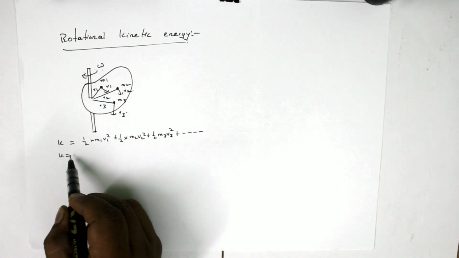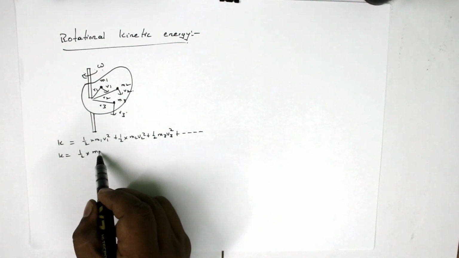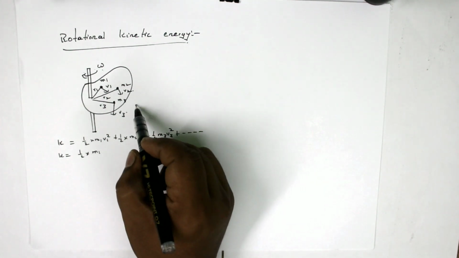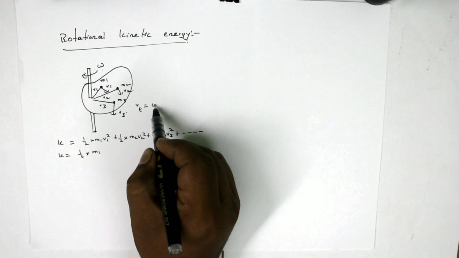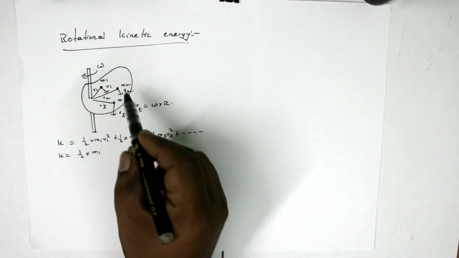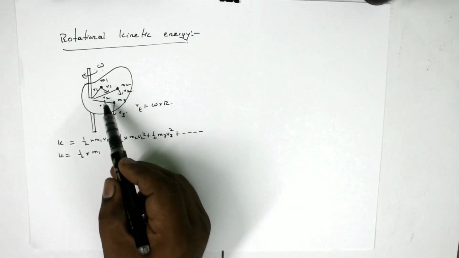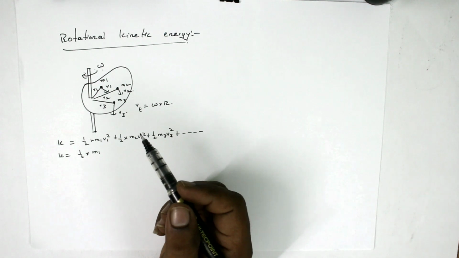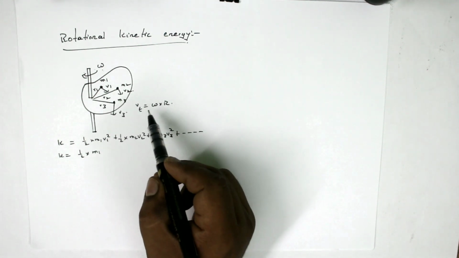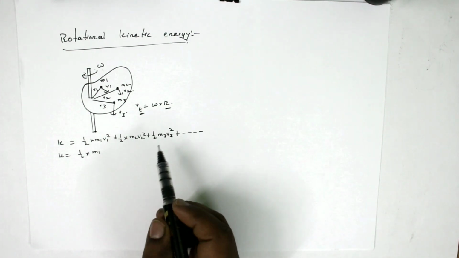So K equals half into, now if I study v, already we have discussed that v is nothing but tangential velocity, which equals omega into r. As this rigid body has an angular velocity of omega, every particle will have an angular velocity of omega itself, but the tangential velocity of each particle will change because tangential velocity is directly proportional to radius.